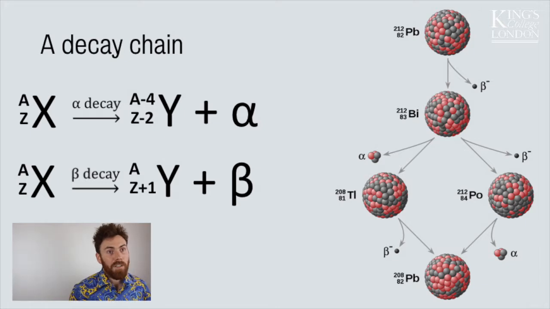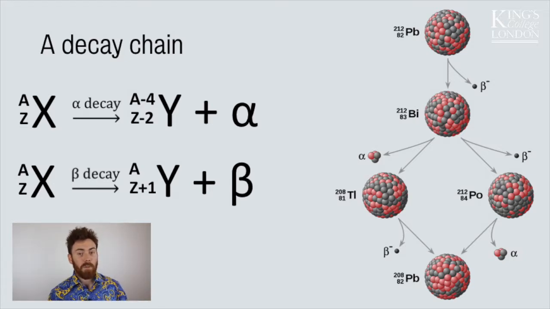Okay, so lead-212 firstly undergoes beta decay. So it spits out a little beta particle. This leaves the total number of nucleons in the atomic nucleus the same, but it increases the number of protons by 1, from 82 to 83. So the unique element with 83 protons is bismuth.